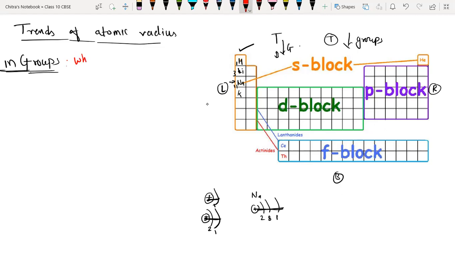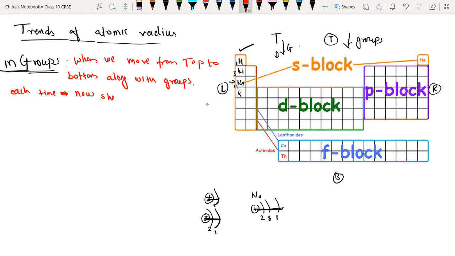So when we move from top to bottom, along the group, each time a new shell is added.